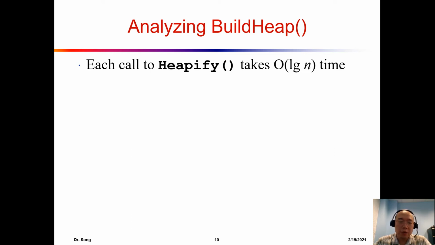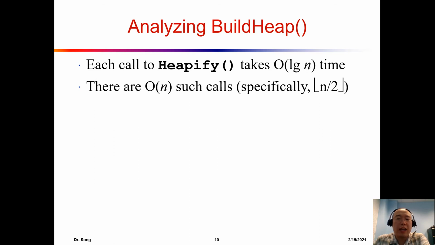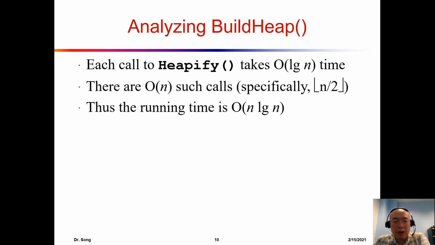Okay, so the next part we also talk about the build heap. When we just read the code, you may feel that when we are doing the heapify, that is a log n algorithm, and then how many times are we calling the heapify when we are trying to build a heap? The answer is we are calling the heapify for half n times, right? So we are repeating a log n function for half n of the time.